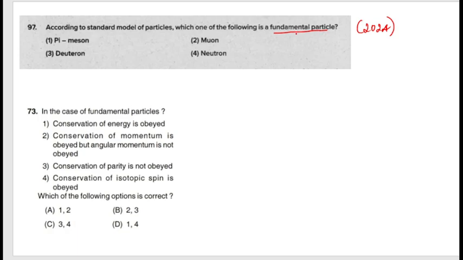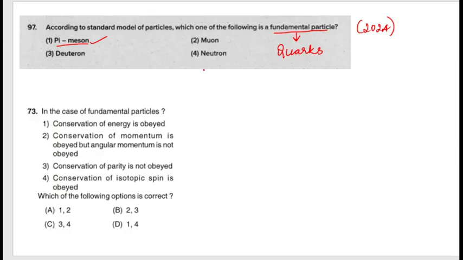What are fundamental particles? Fundamental particles are nothing but the quarks, right? Like the pi meson: mesons are in the quark model, a combination of quark and antiquark. Deuteron, no. Muon, no. These belong to the lepton. And the neutron also belongs to the quarks.